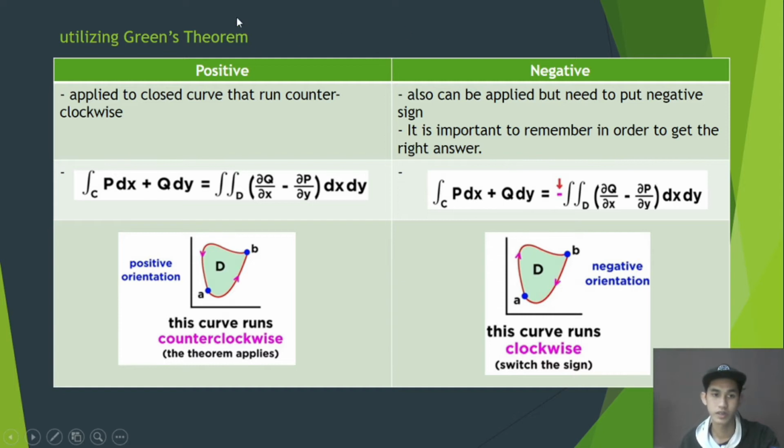When we use Green's theorem, make sure we know whether it is positive or negative, so we can put the negative sign if it is negative. So make sure to look at whether the curve runs anti-clockwise or clockwise, so we can get the right answer.